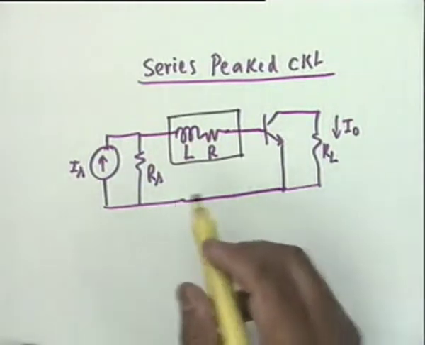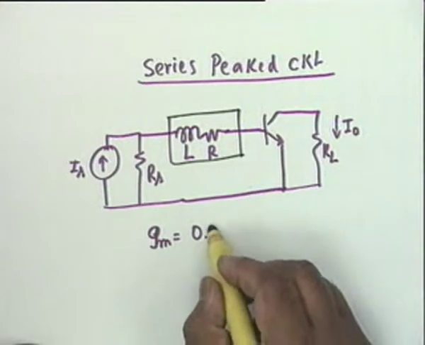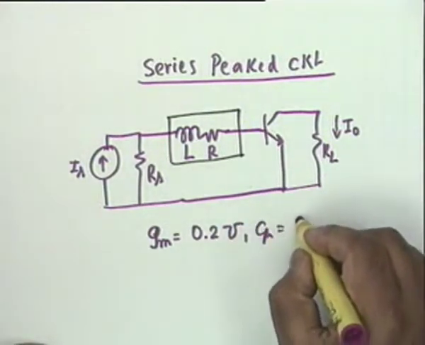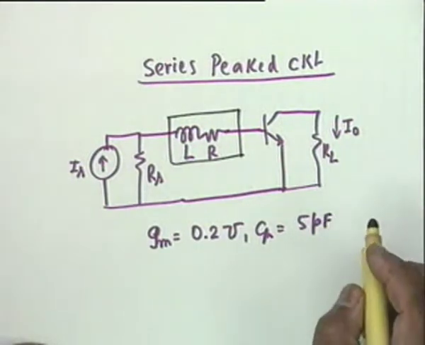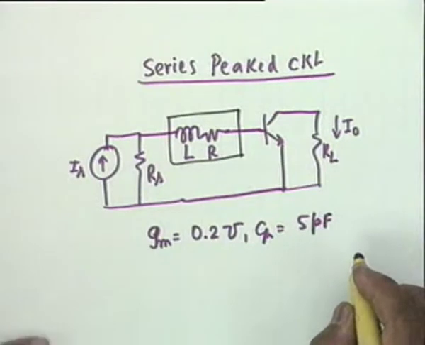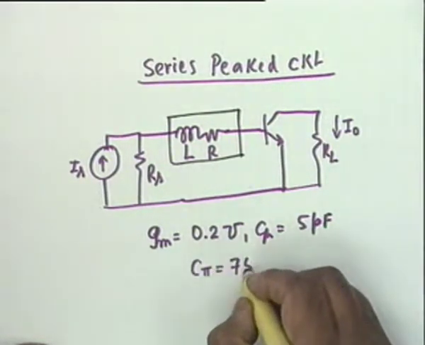The problem is GM is given as 0.2 mho as in the previous circuit. C mu is 5 pF. It's the same transistor which is being used for series peaking. C pi is 75 pF.